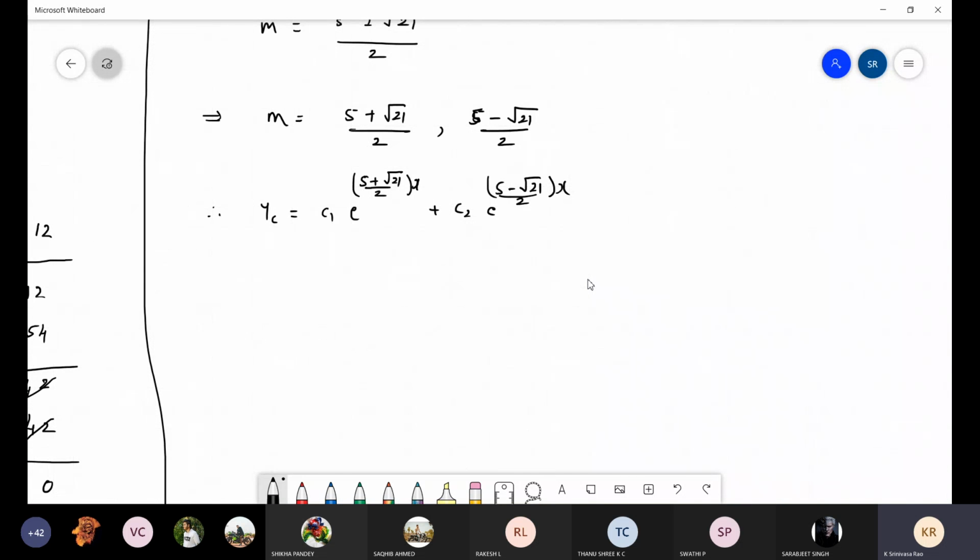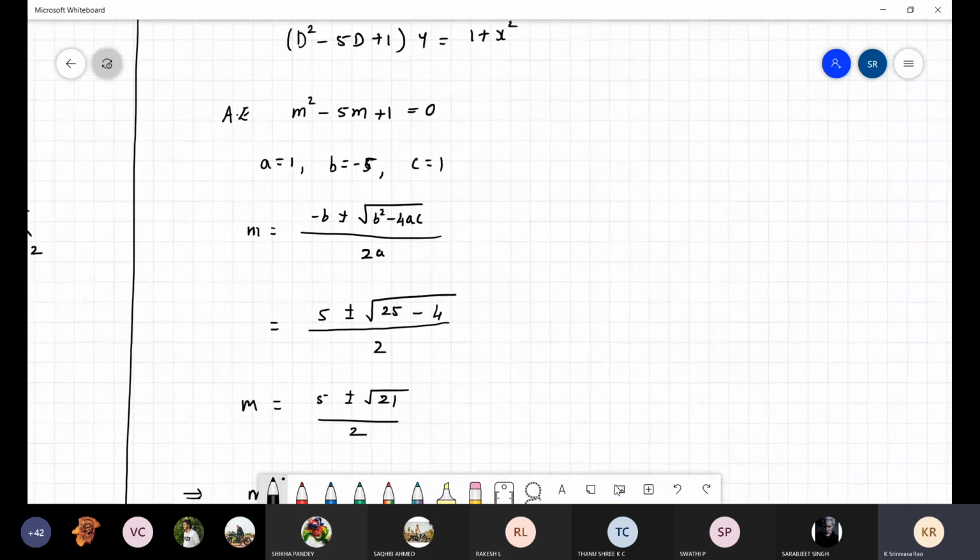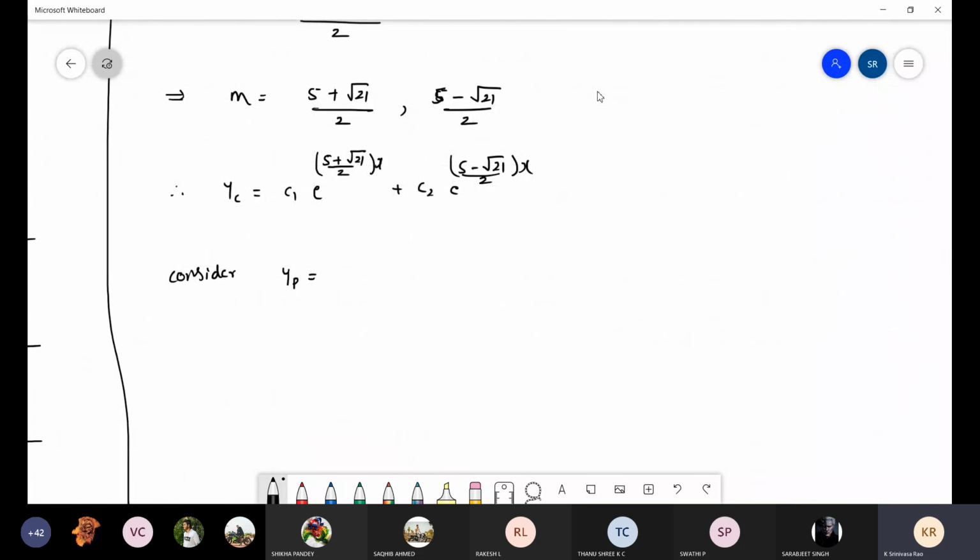Now consider yp. Consider yp equals, so what is the equation? 1 plus x square divided by d square minus 5d plus 1. Sorry, minus 5d.